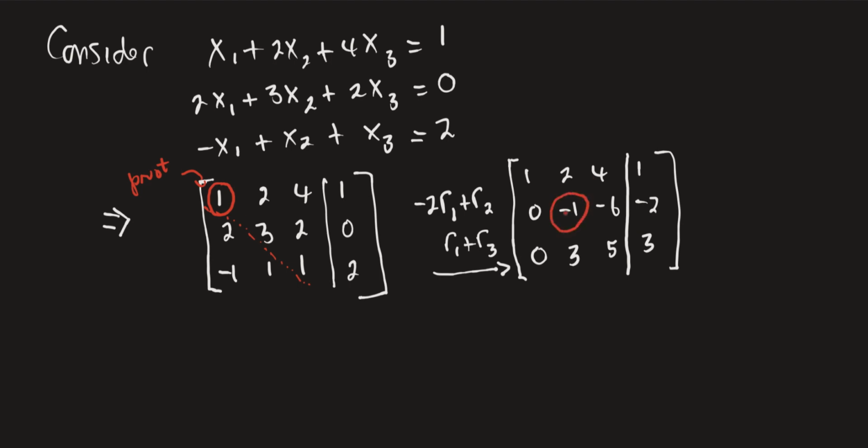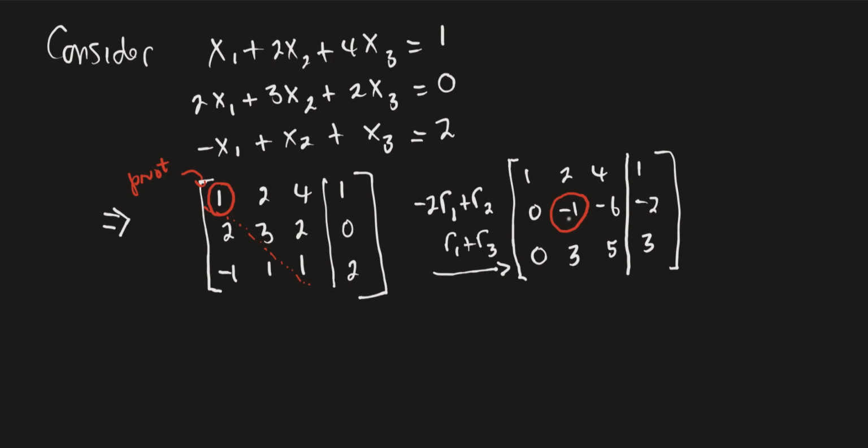It's the first non-zero entry now in the second row, and I'm going to use this to eliminate the 3. And then we will have our system in triangular form. So what operation can I use to eliminate this positive 3? Well, my pivot is already negative, -1.